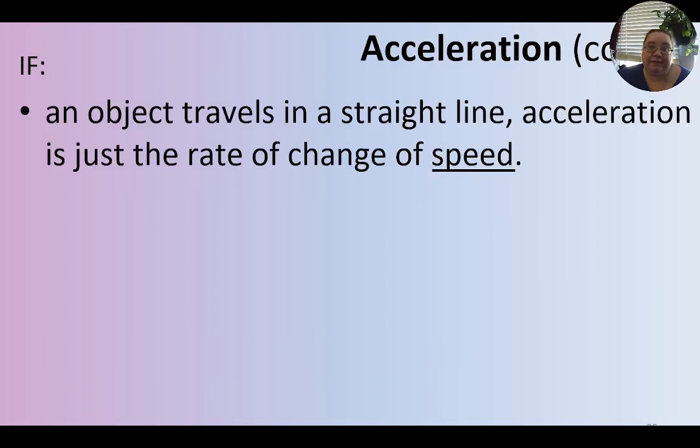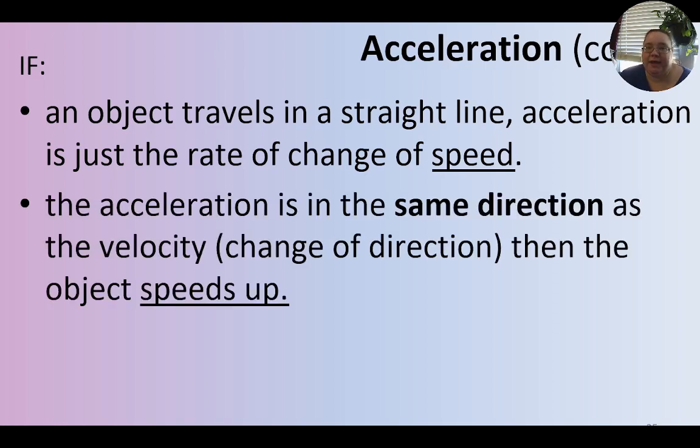So if an object travels in a straight line, the acceleration is just the change in speed. So if we're just moving forwards or backwards or up and down, if we're not making any kind of turns, the object's acceleration is the change in speed. But if the object's acceleration is in the same direction as the velocity, then the object is going to speed up.